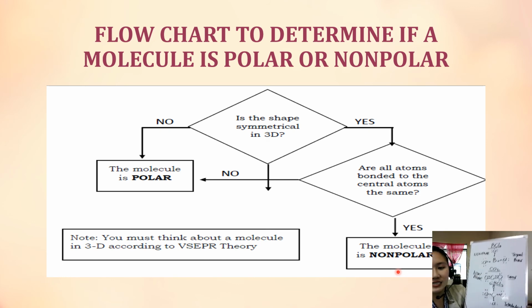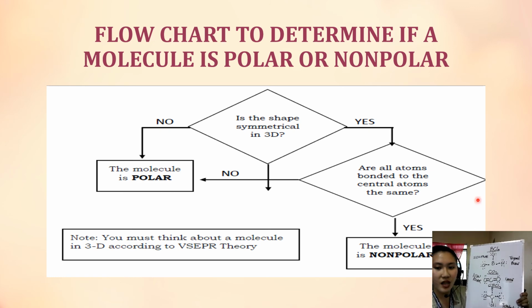Okay. Lastly, CHCl3. So, is the shape symmetrical in 3D? Yes, it is tetrahedral. Are all atoms bonded to the central atoms the same? All atoms ba bonded sa central atom? Let's see.